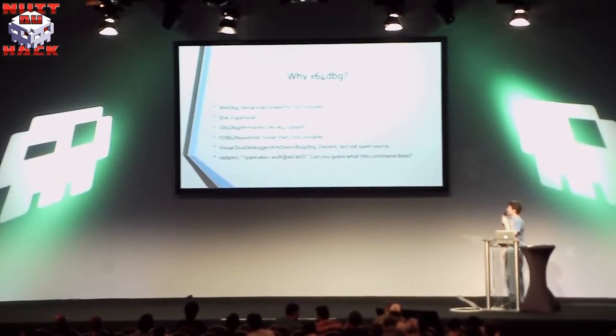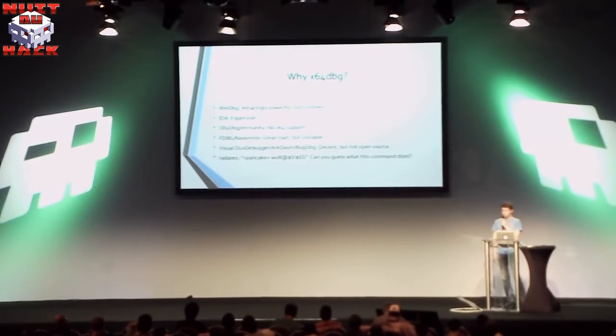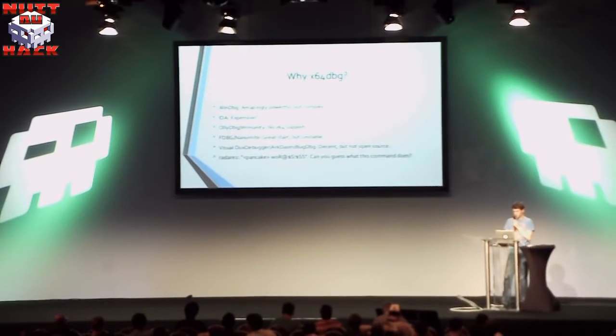Now, there are various alternatives to x64dbg. You see them listed here, but basically none of those fit my requirements. So instead, I decided to roll my own and see how that worked out.